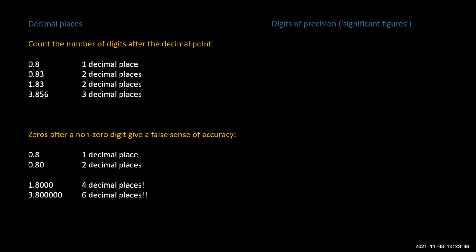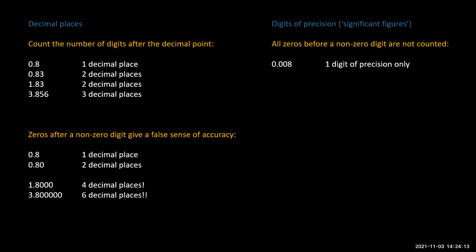Related to this, and more important than decimal places, are what's called digits of precision. They used to be called significant figures. Mathematicians still do that, but in statistics, significant is a special word, and we should not use the word significant with digits of precision. So all zeros before a non-zero digit are not counted.